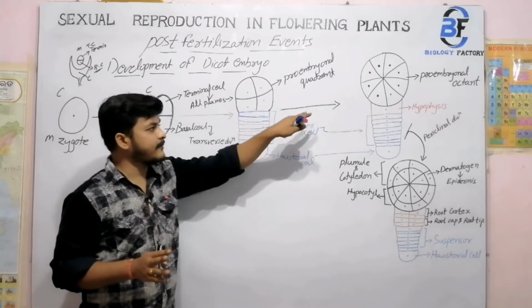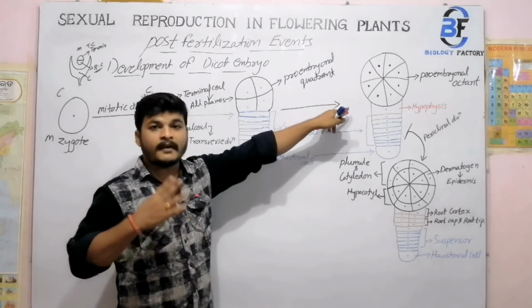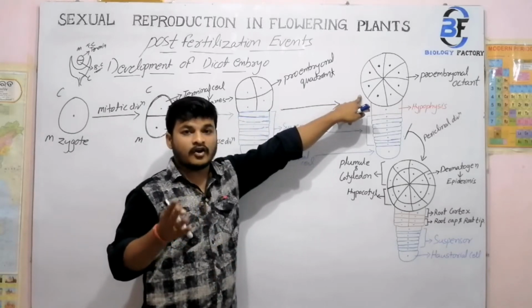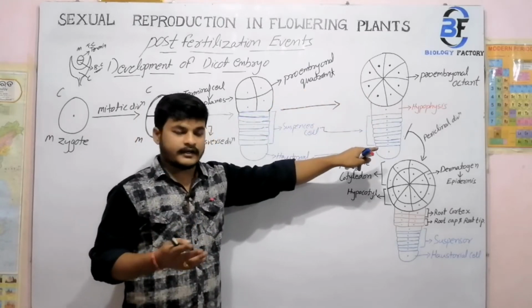Next, the 4 cells formed here again divide to form 8 cells, and this is otherwise known as the proembryonal octant. Here are 4 cells, so quadrant; 8 cells, so octant.